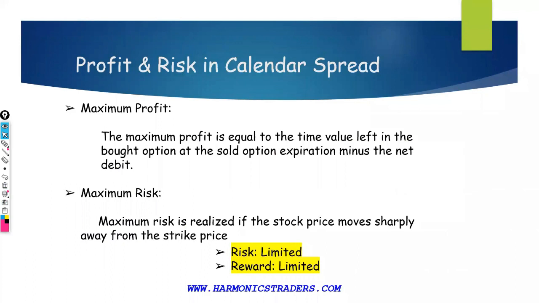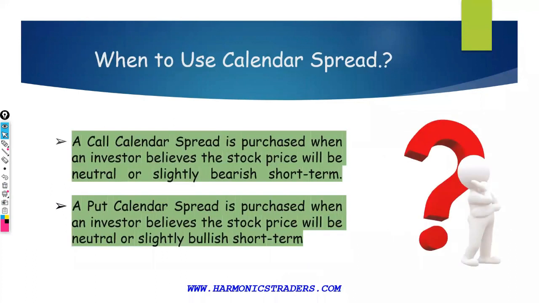Again, the max risk reward is limited in these as well. A call calendar spread is purchased when the investor believes the near term is bearish. Don't get deceived. Here, call bearish, don't get deceived. That is how it is there in the textbook, and we are just going to stick with it. Put when we go for bullish in calendar spread alone.